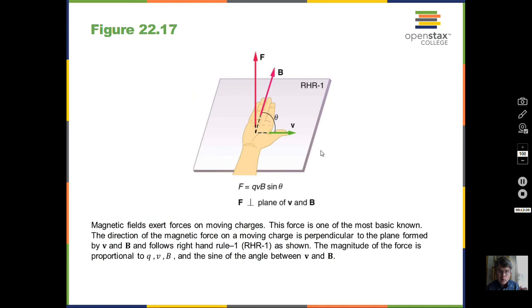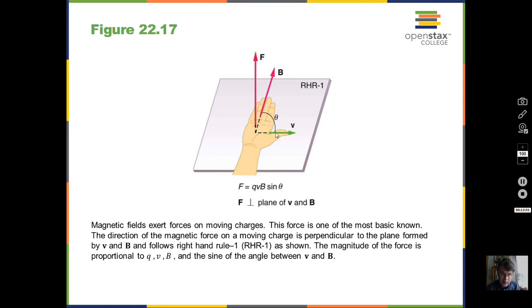Now, right-hand rule for a moving charged particle. If our charge is moving in some direction here, we'll do a combination going through this equation. This equation will give us a calculation of the magnitude of the force, and we'll use our right hand to get the direction of the force.